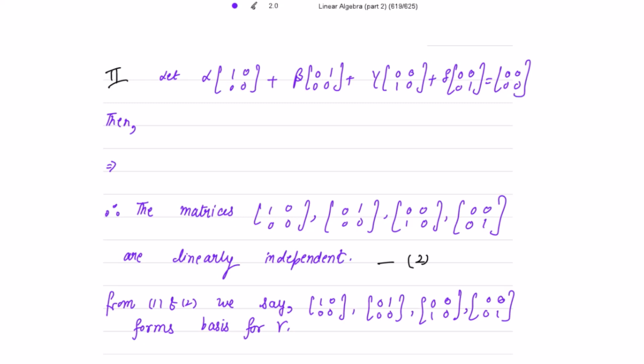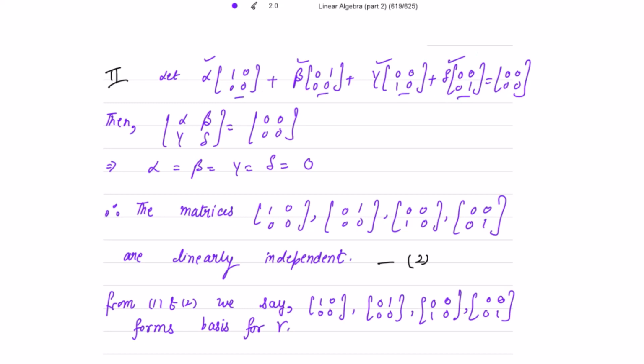Now if I add all these, I get alpha, beta, gamma and delta equal to 0, 0, 0, 0. From here I get alpha equal to beta equal to gamma equal to delta equal to 0, which means all the scalars are coming out to be 0, which means all these matrices are linearly independent, right?